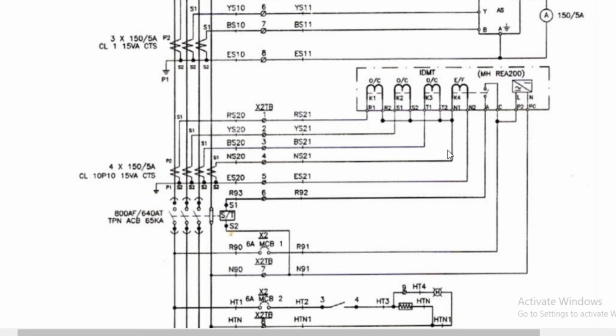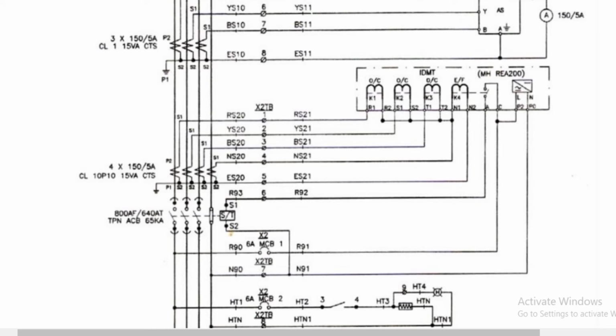Then, as you can see, this is the IDMT. IDMT stands for inverse definite minimum time. The function is to protect the feeder against faults involving ground. You can see that there are 3 overcurrent and 1 earth fault.